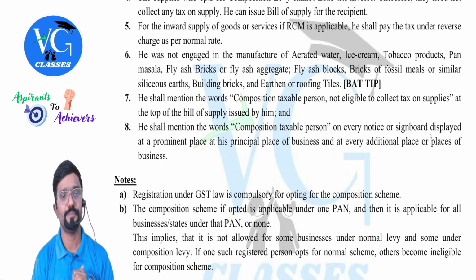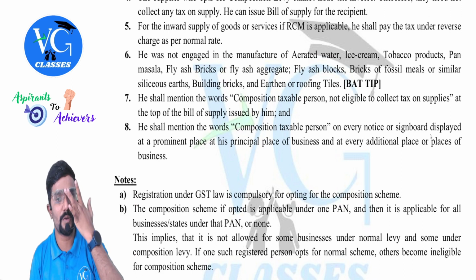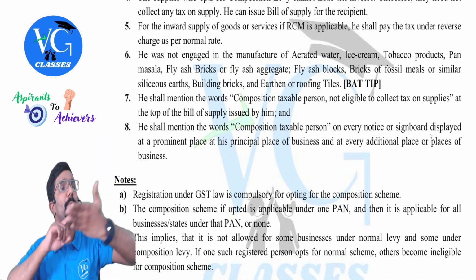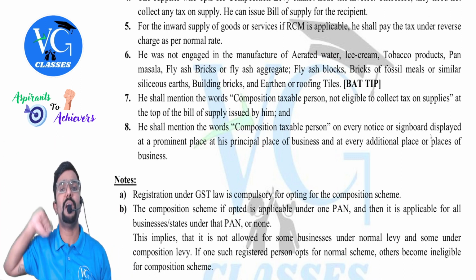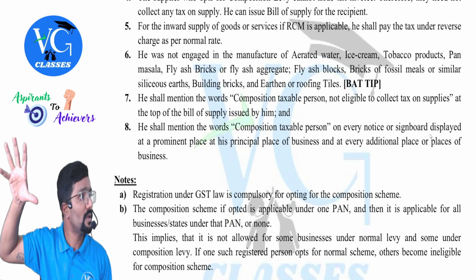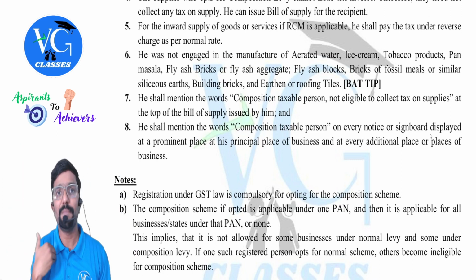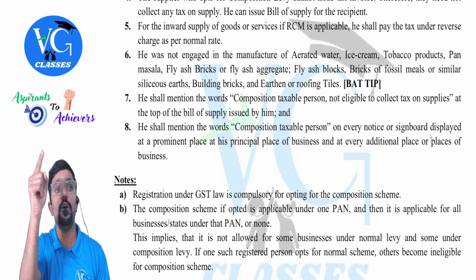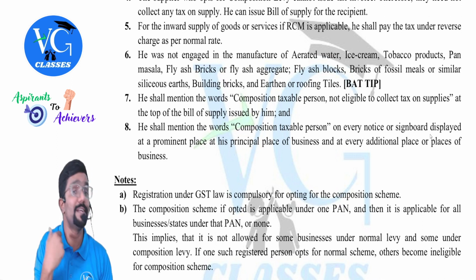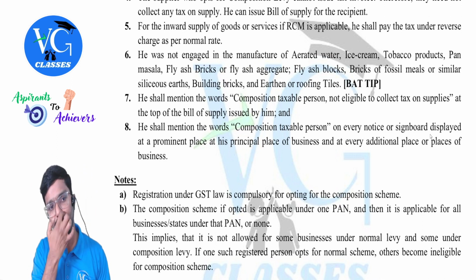Okay, 7th one. He shall mention the words composition taxable person, not eligible to collect tax on supplies, at the top of the bill of supply issued by him. Means whenever I am issuing a bill of supply, on the top I should have mentioned, for example, Vikas Limited, composition supplier. I should disclose that I am registered under composition scheme. You should know when you are buying goods with me that I am a composition supplier, and it is my duty to disclose it.